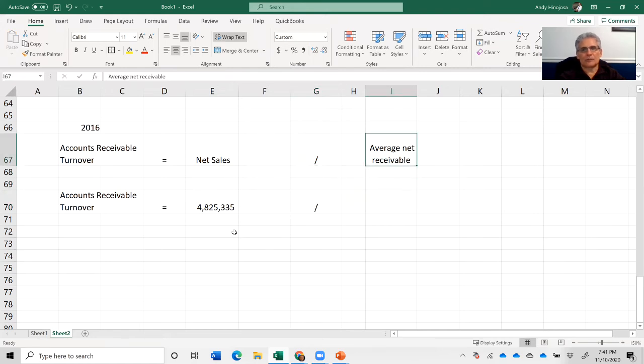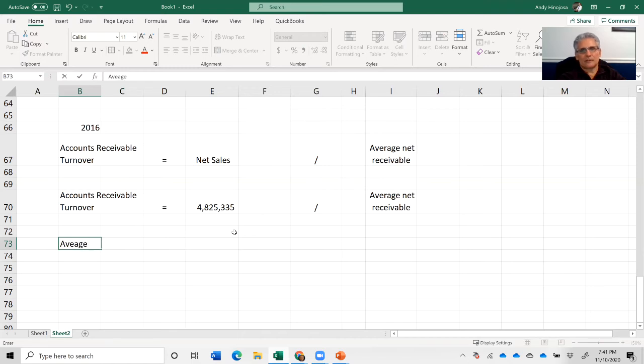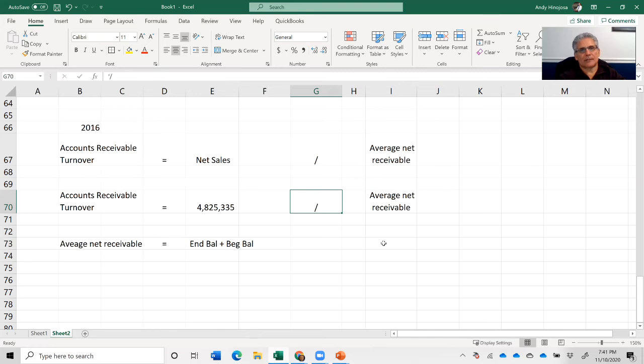average net receivables. Well, let's do this. We've got to now compute our average net receivables. That's going to be equal to the ending balance plus the beginning balance, and we're going to divide that by 2. Ending balance plus beginning balance divided by 2. So we're going to try to compute this average net receivables.